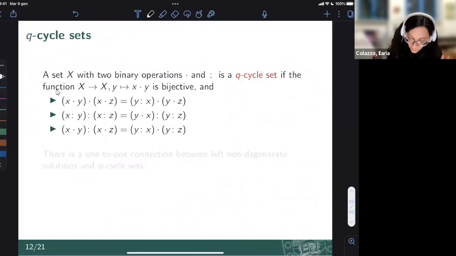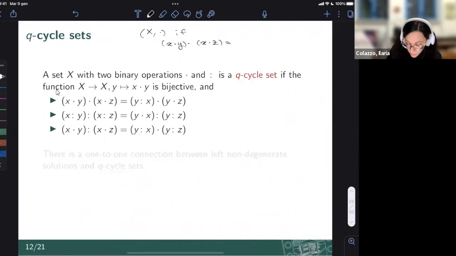I just recall that X with a binary operation is a cycle set if it satisfies (x dot y) dot (x dot z) equal to (y dot x) dot (y dot z).